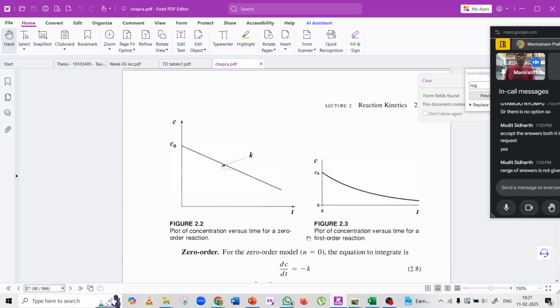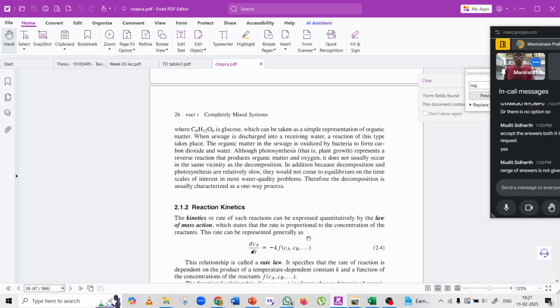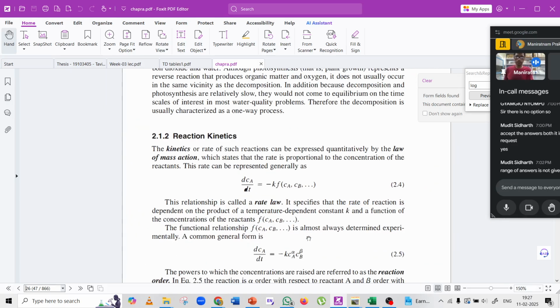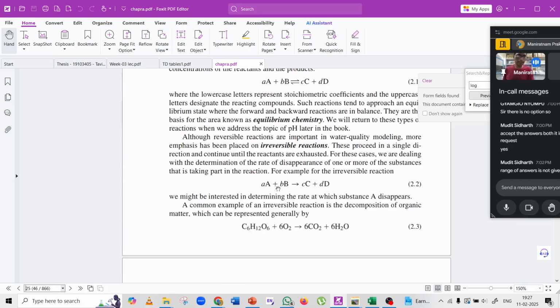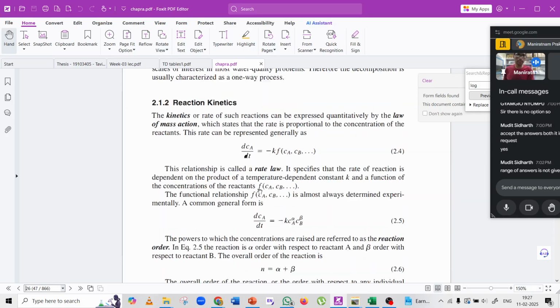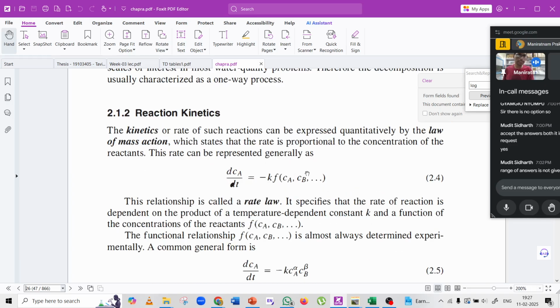See, here it is. Suppose there is one reaction where A and B react, giving C and D. Then the reaction rate will be written as dC/dt equals k into some concentration terms. Now imagine that in this function there is one term which is always constant.